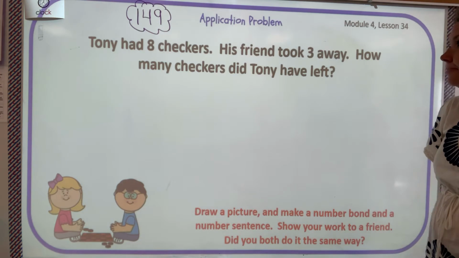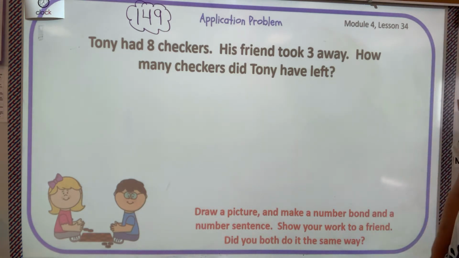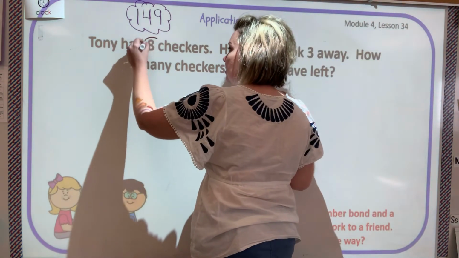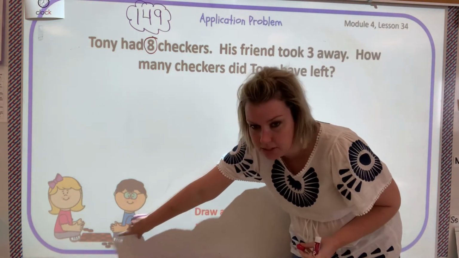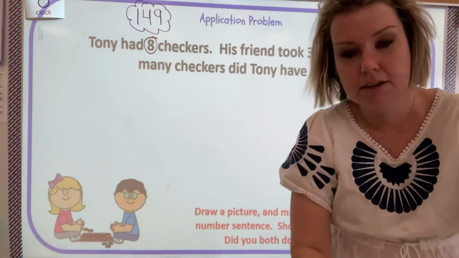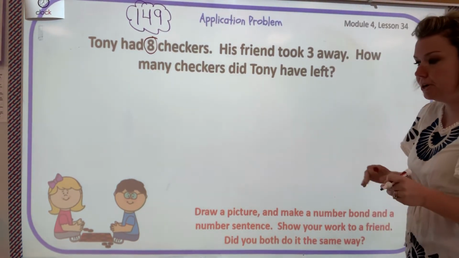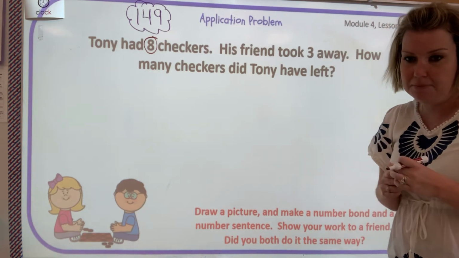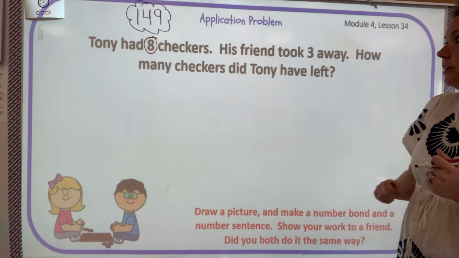Okay. So, in our math book, it says Tony had 8 checkers. Checkers is a game like these friends are playing at the bottom, where you have a black and red board or a black and white board and you use these little circles and you can play that game. So checkers are little circles. So Tony had 8 checkers.